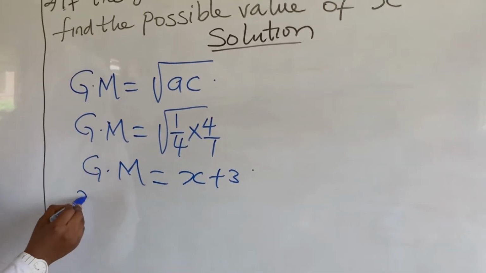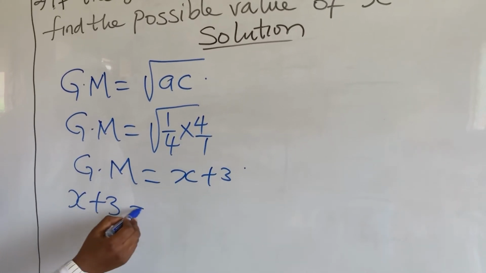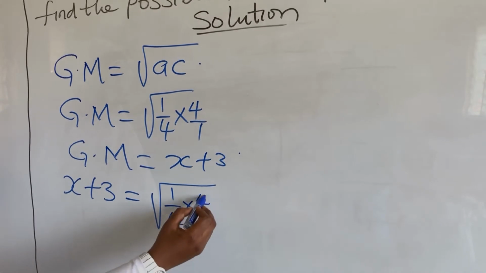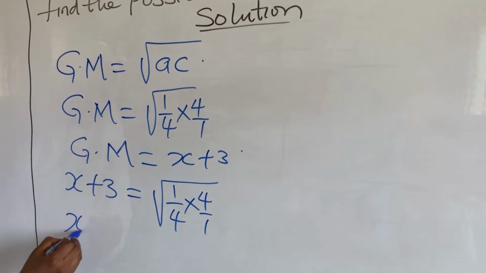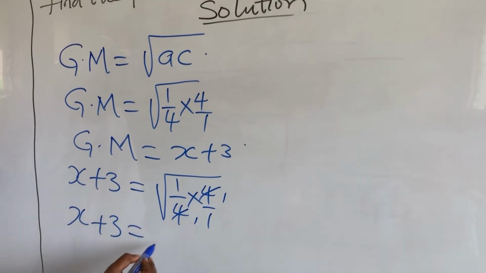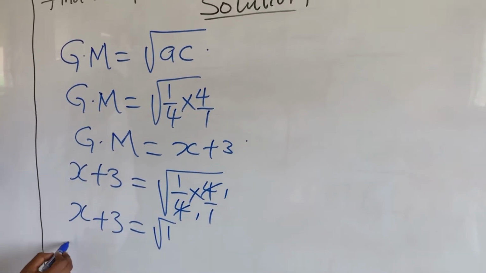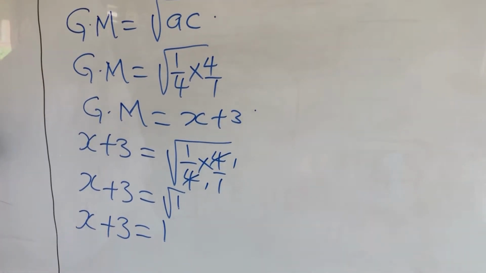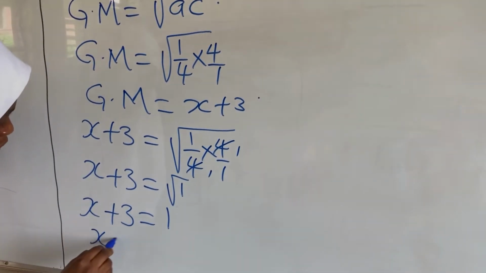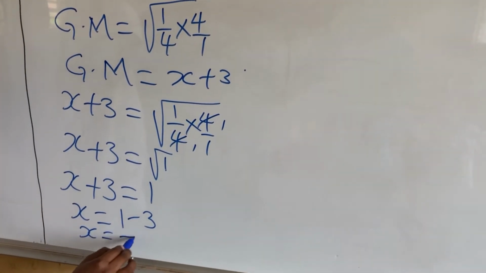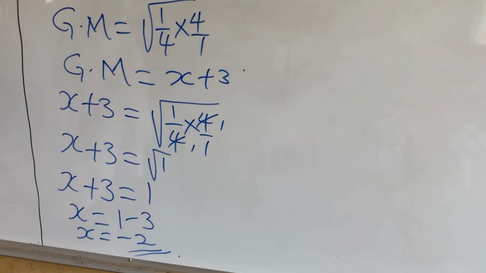So x plus 3 is equal to the square root of 1 over 4 multiplied by 4 over 1. So x plus 3 will be equal to, 4 here 1, 4 here 1, the square root of 1. And 1 is a perfect square, so the square root of 1 will still give us 1. So x will be equal to 1 minus 3. So x is equal to minus 2. So it is very simple.